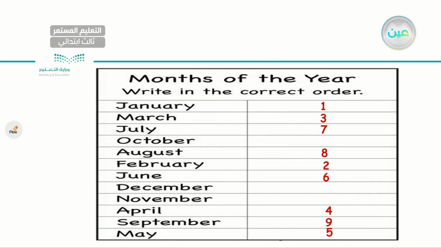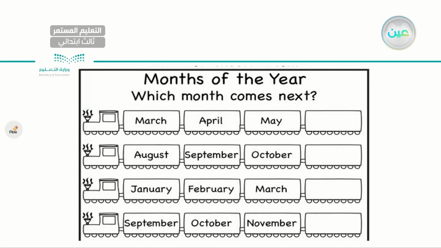Very good. October is the 10th. November is the 11th. December is the 12th and the last month of the year. Okay, my dear students, so these are the months we have, and they are 12.